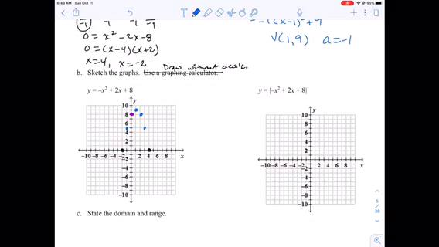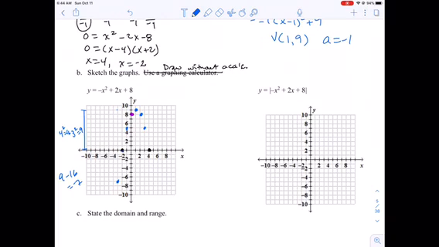And then I've got left 3, down 9, right? This distance from here to here is 3 squared, which is 9. And if I were to move from my vertex left 4, that would take me to negative 3, and I would go down 4 squared, which is 16. So I would go from negative 3 down to negative 7, because 9 minus 16 is negative 7.